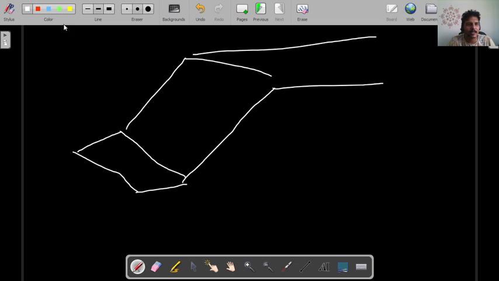So the first one is a ping pong ball, the second one is a golf ball, and the third one is our snooker ball.